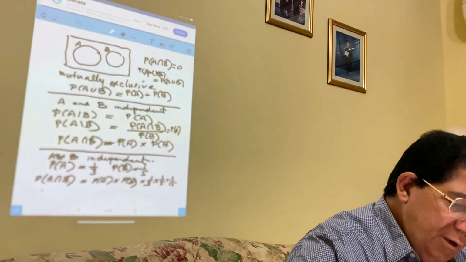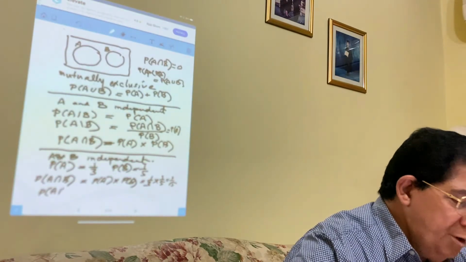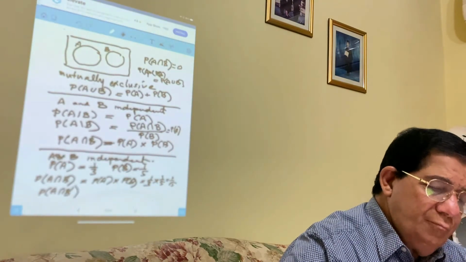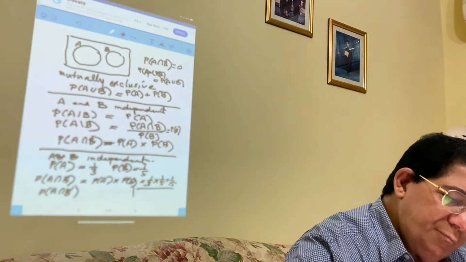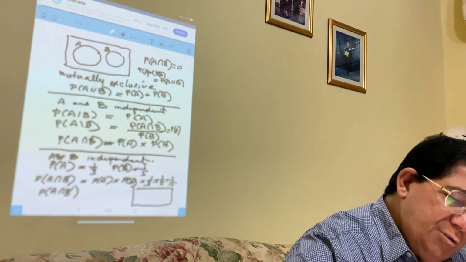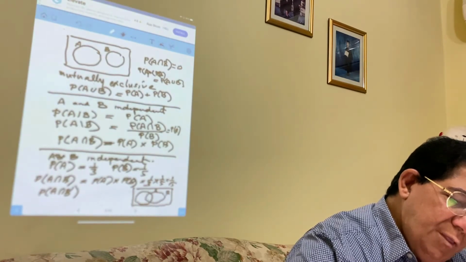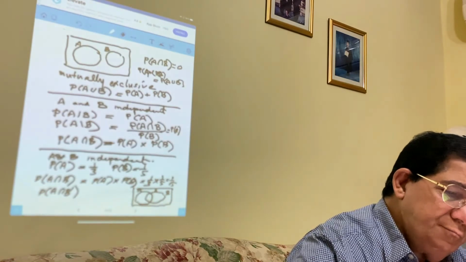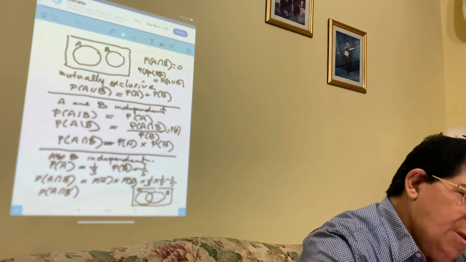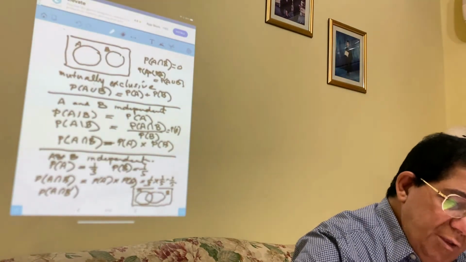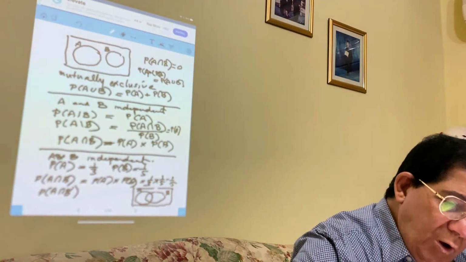What is the probability of A intersection B complement? Then we need to make the Venn diagram. This is A, and this is B. Now, this area is 1 over 15.